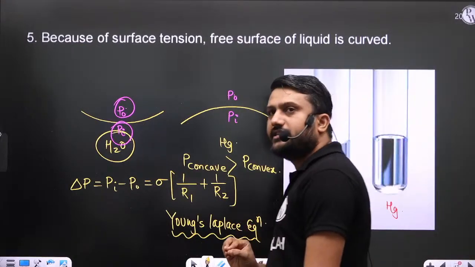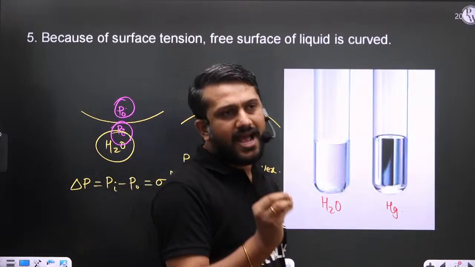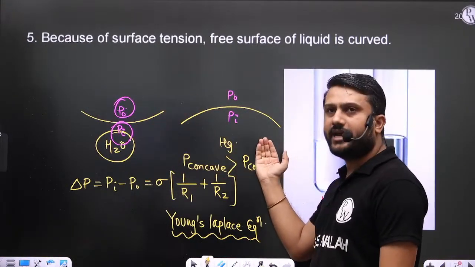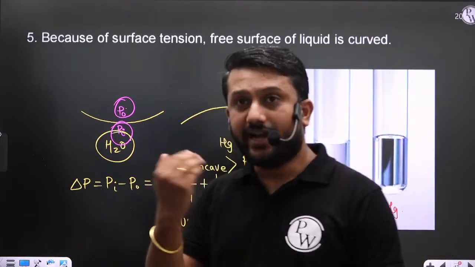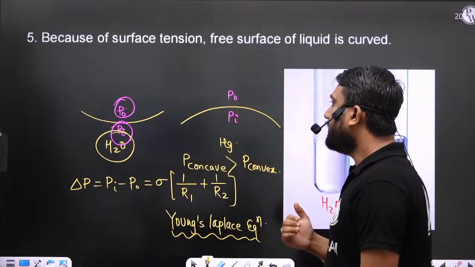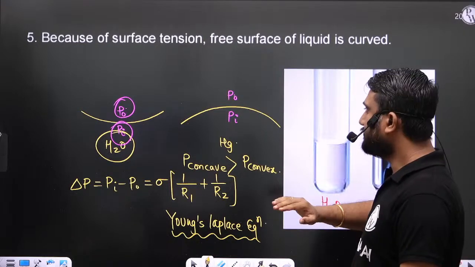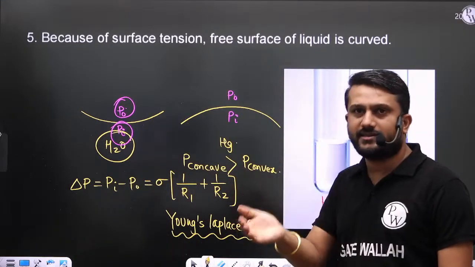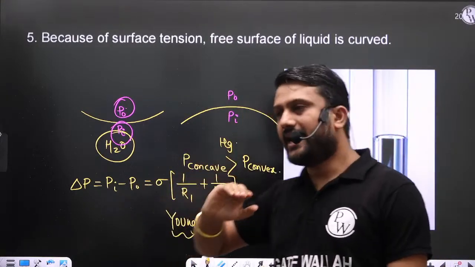Because of the surface tension, the free surface of any liquid is a curve. Either it is curved like this or like this. In case of the liquid having wettability property, you are getting such kind of interface, and in case of the liquid having non-wettability property, you are getting such kind of interface. But anyway, if you are getting a curved surface, then definitely there is a pressure difference across that interface. And what is the pressure difference?